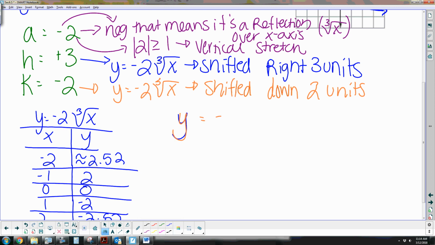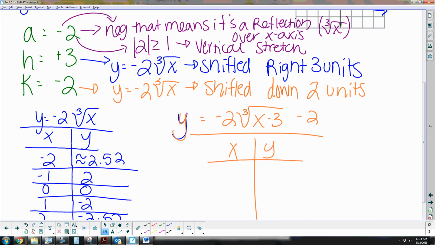So we have y equals negative 2 times the cubed root of x minus 3 minus 2. So we're going to start with our same x values, negative 2, and we're going to move that horizontally 3 units.